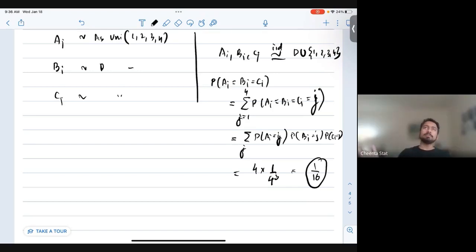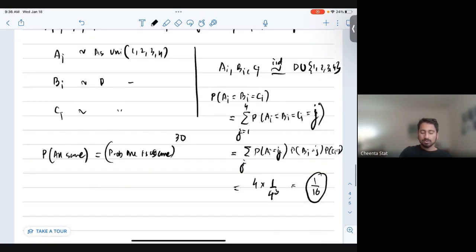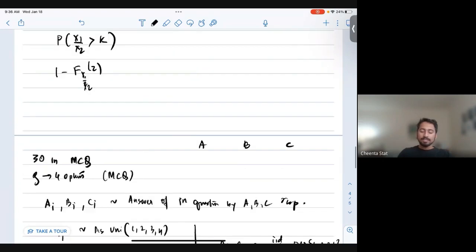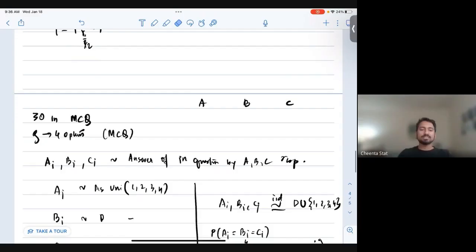All of them are done independently, so it's essentially the probability that one is the same, raised to the power of 30 questions. So it's 4 to the power minus 2, to the power 30, which is 4 to the power minus 60. Why is this 4 to the minus 60? Because all questions are answered independently. That's it.